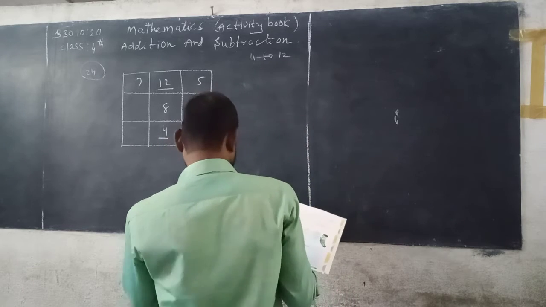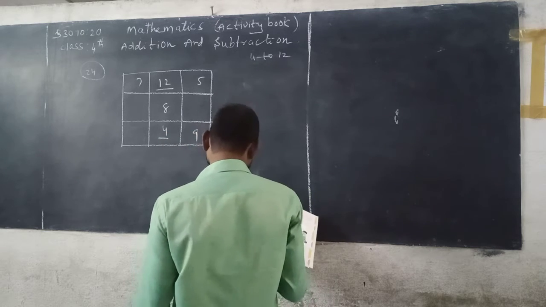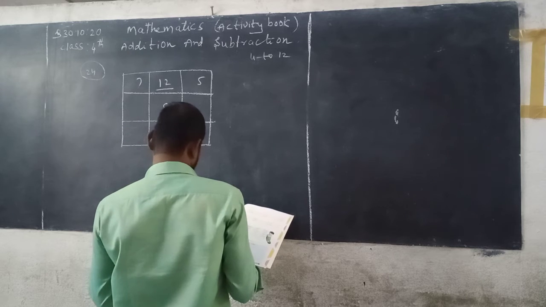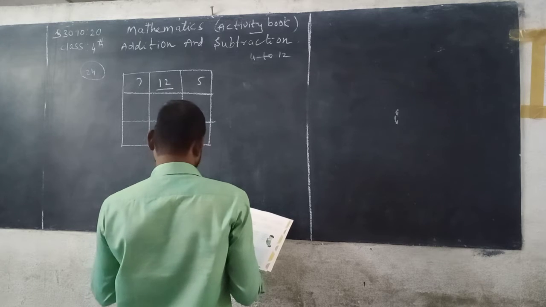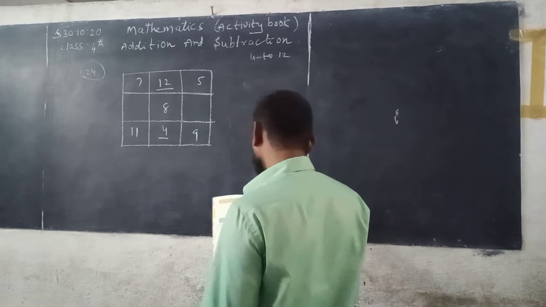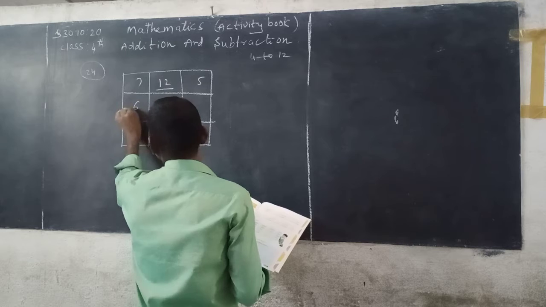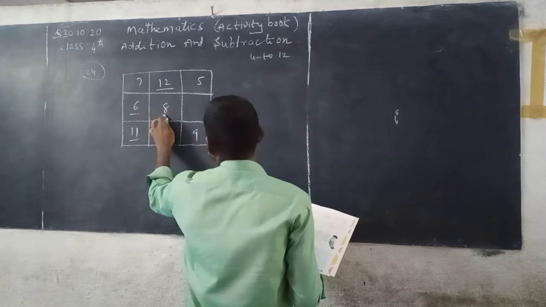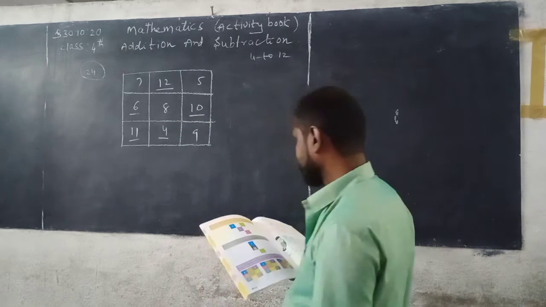Next, 9 plus 4, 13, 13 plus 11, 24. Next, 7 plus 11, 18, 18 plus 6, 24. Next, 6 plus 8, 14, 14 plus 10, 24. That's it.